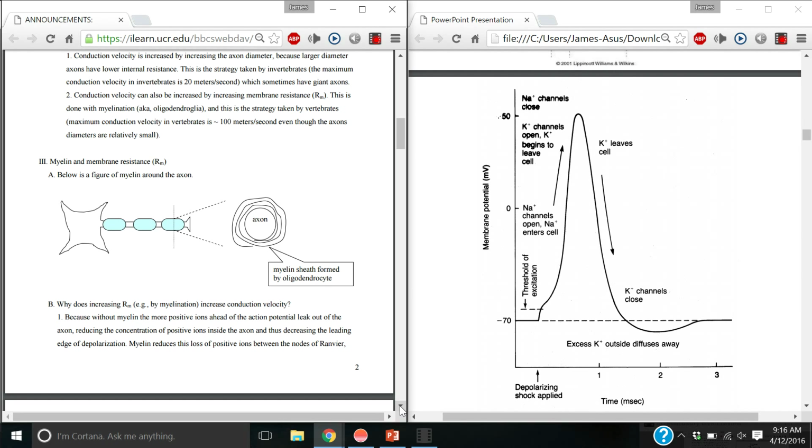The reason that they travel faster is, again, because so much of the sodium that flows in through any particular node of Ranvier is trapped within the axon and therefore is projected rapidly toward the next node of Ranvier, where it will open the voltage-gated sodium channels that exist there. Okay?